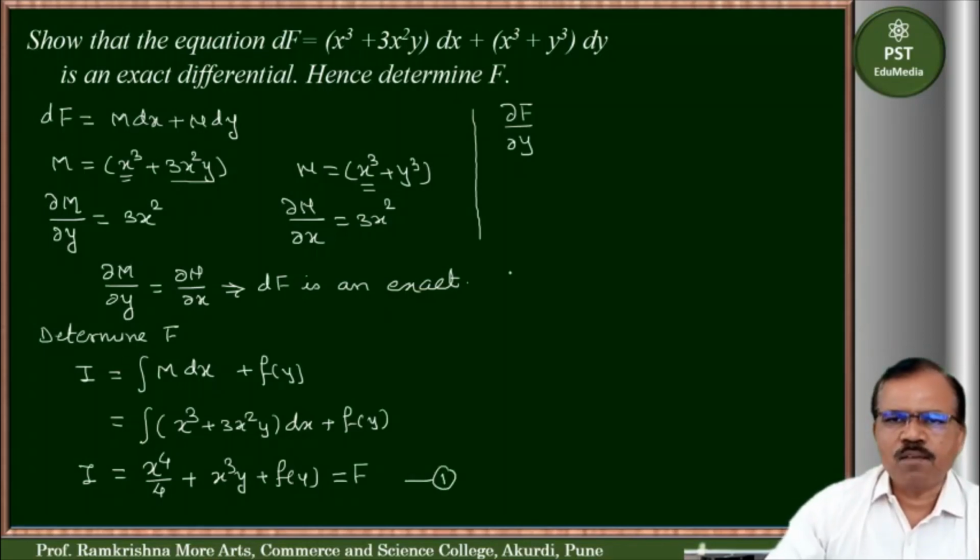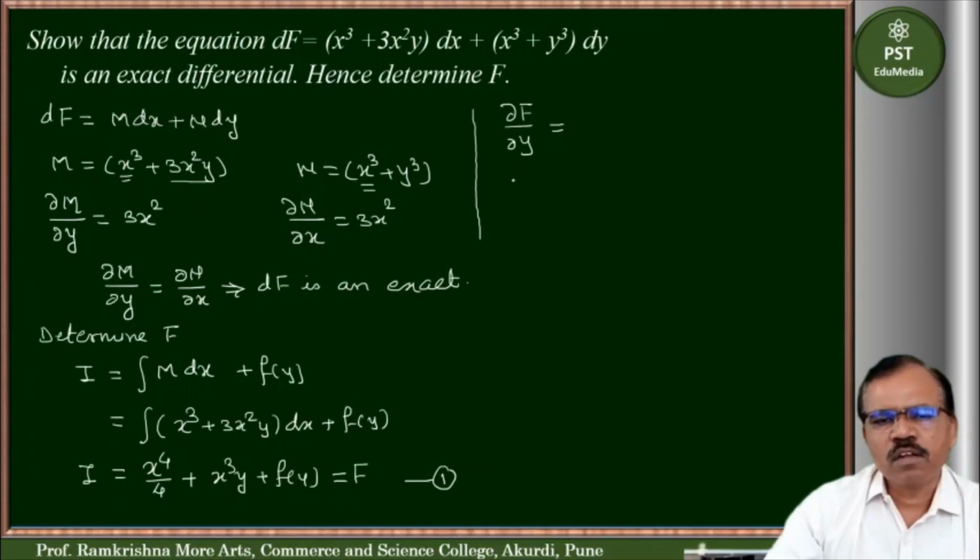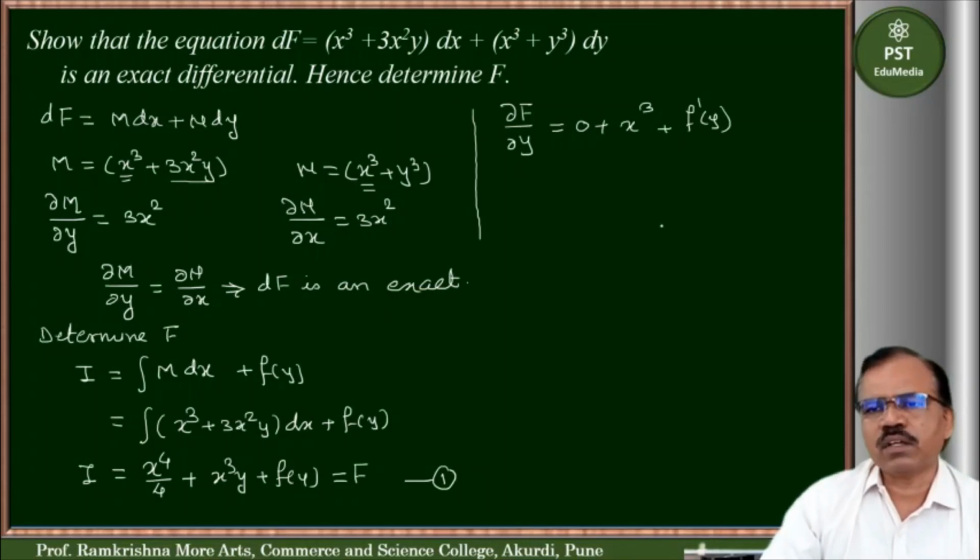So ∂f/∂y, we will get here, for the first term, that is x to the 4 by 4, x depends on x, so we will get 0, plus x cube plus we can take f dash y. F dash y means the first order derivative.